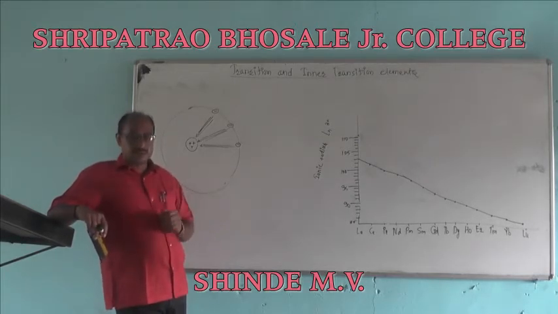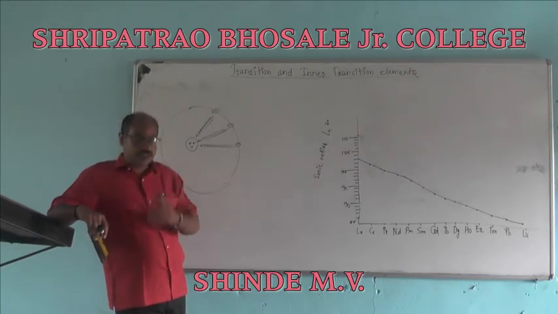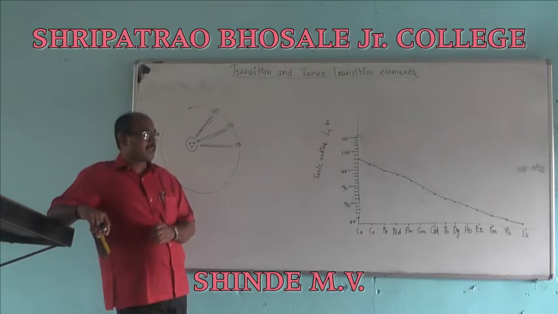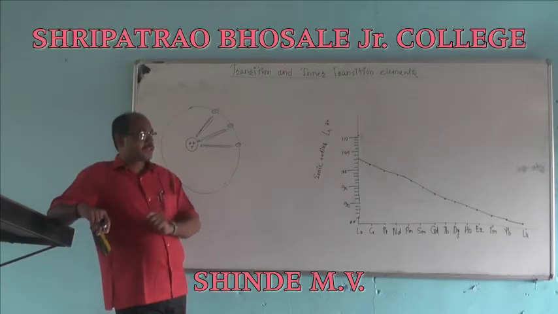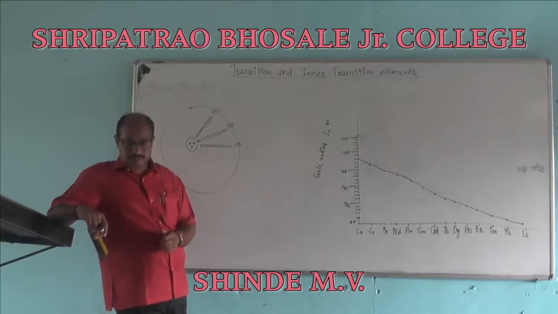As we move from cerium to lutetium, the atomic size goes on decreasing, and this decrease in atomic size is due to the presence of the newly added electron in the same subshell.